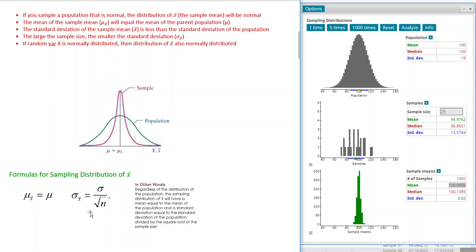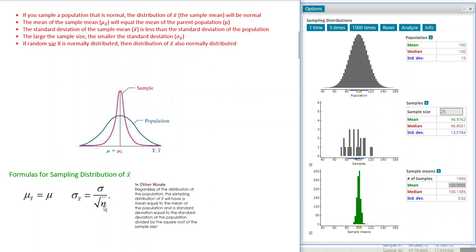And then we can calculate, which we will be doing by hand, the standard deviation of the sample means, which is changing, by using this formula here, which says that the standard deviation of the sample means, sigma x bar, is equal to the standard deviation of the population divided by the square root of the sample size.